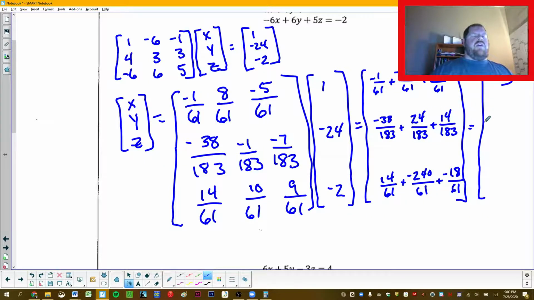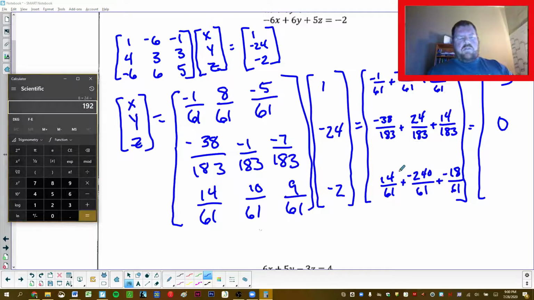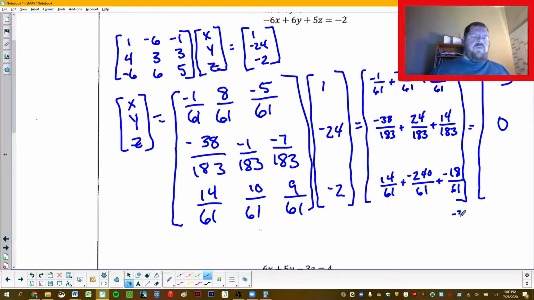Plus negative 38 is 0 over 183. And then this one we're going to get negative 258 plus 14. Just to check, I get negative 244, and that's going to be a negative 4.